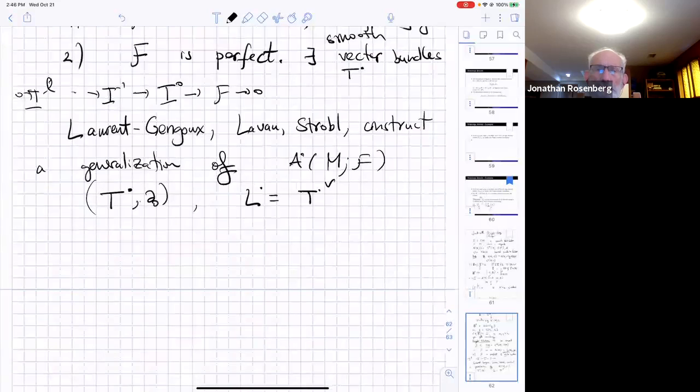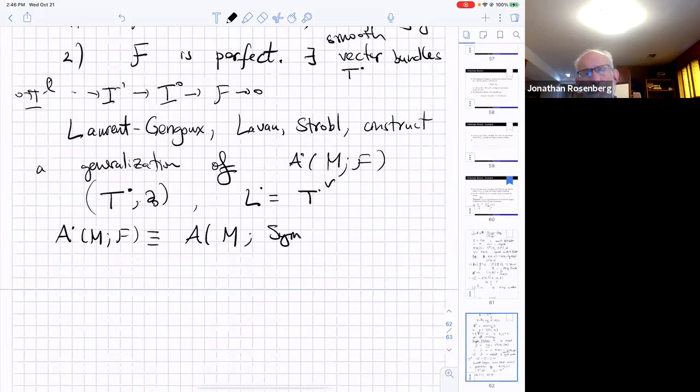And A dot M F is by definition the C-infinity sections of M with values in the graded symmetric complex of L. We have to shift by minus 1 and so forth.